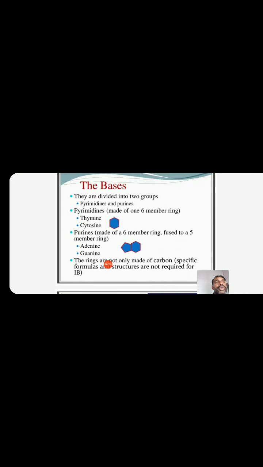The purines are made of a six-member ring fused to a five-member ring. The pyrimidines are classified as only two, thymine and cytosine, while the purines are adenine and guanine.